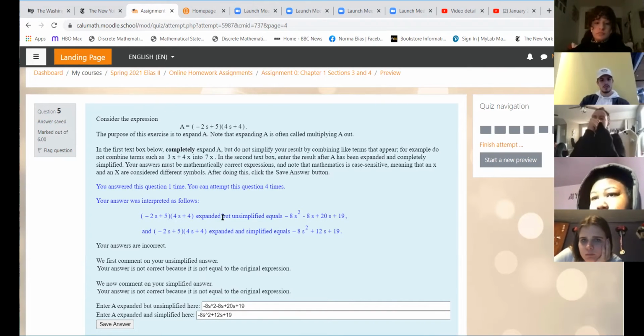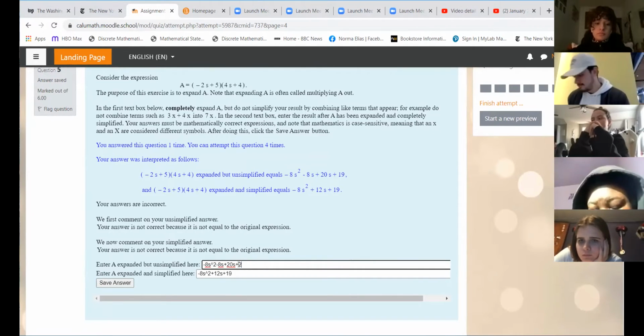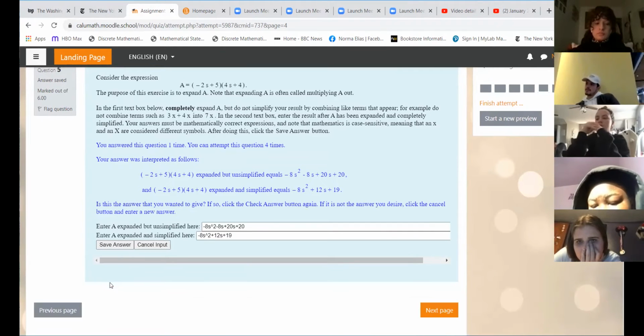So Moodle told me that I'm doing something wrong. So I go ahead and fix it. I do the problem again. Suppose I fixed only the first part. It was supposed to be 20. Okay, I fixed that. Save answers. Very good. Now, again, it interprets my answer and tells me if this is what I want.